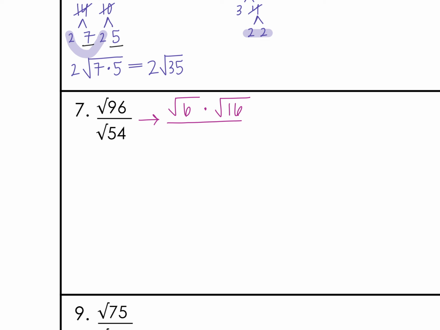Then I can look in my denominator and see that the square root of 54 has factors of that same 6. Okay, so that'll be helpful. And then 9.